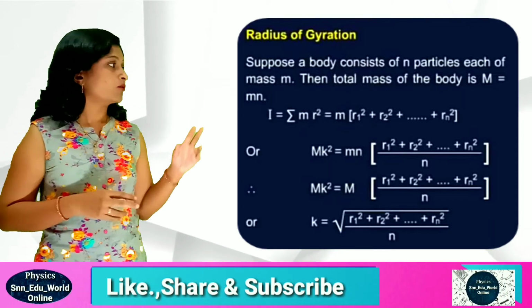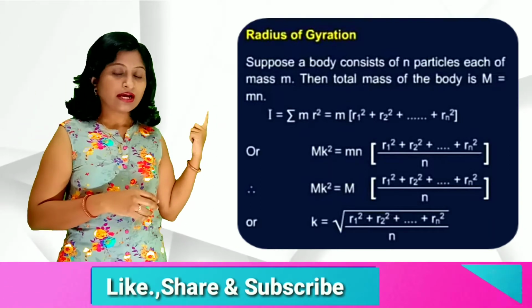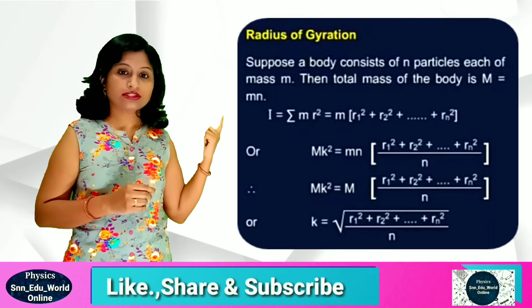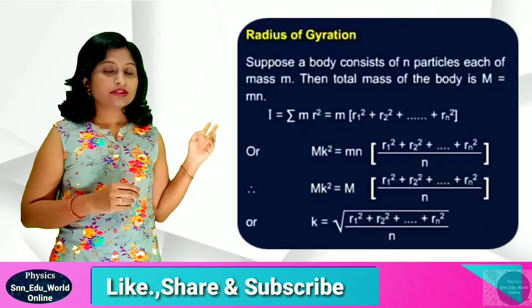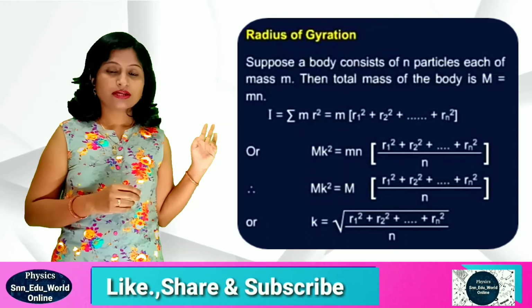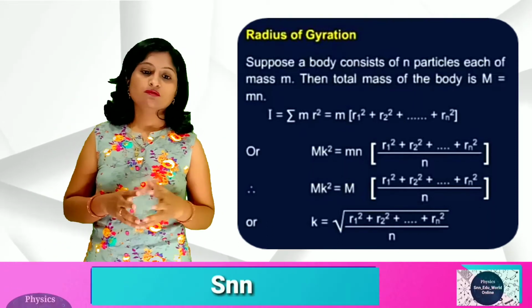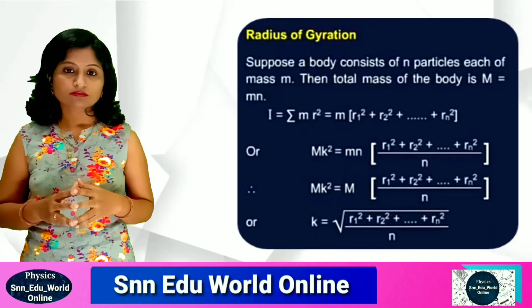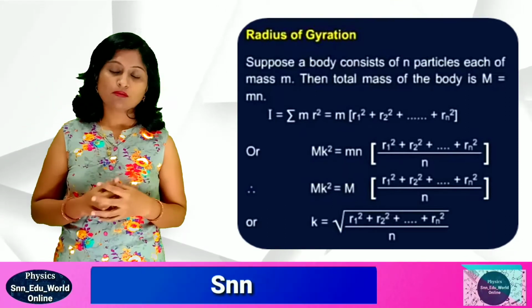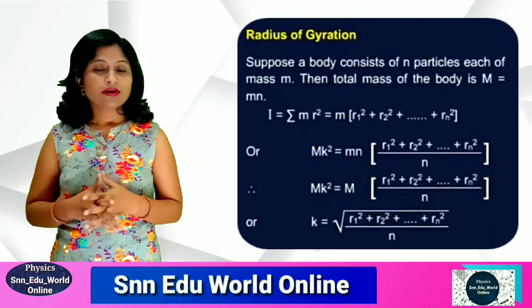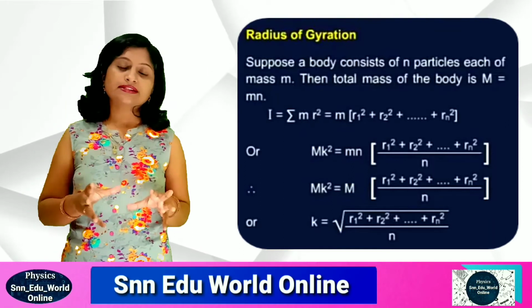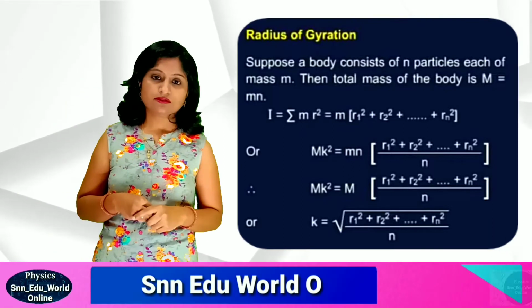Now apply the formula for I, the moment of inertia. I is equal to summation of mi ri square, that is m1 r1 square plus m2 r2 square plus m3 r3 square and so on. Now in this, m is common because each particle has the same mass, only their distance is different from the axis of rotation.